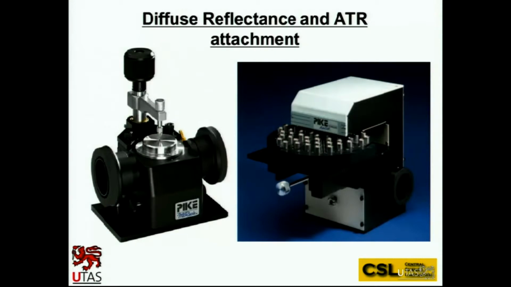This one here is called an ATR attachment, where we simply can place any solid or liquid on a crystal and measure the infrared spectrum straight away without any further sample preparation. We also have a diffuse reflectance autosampler.